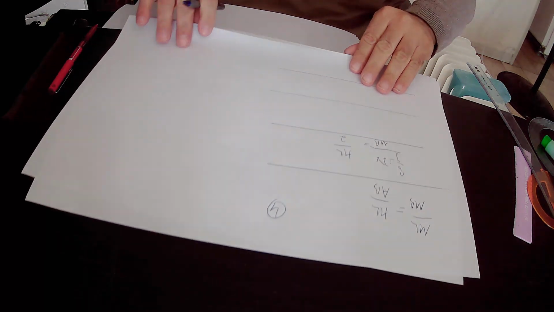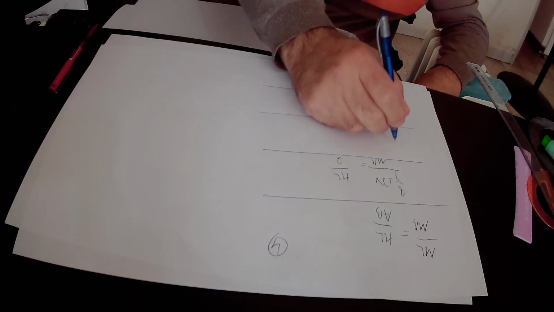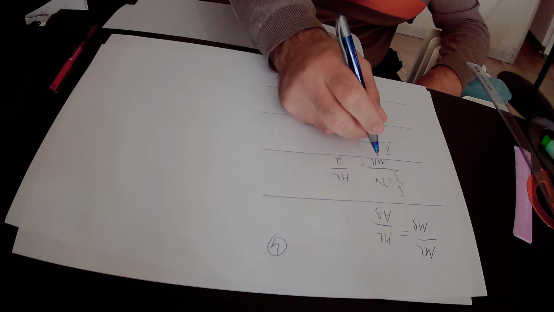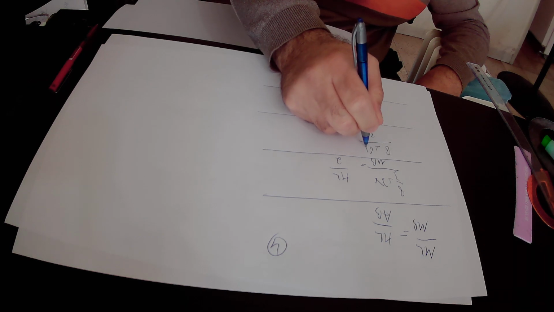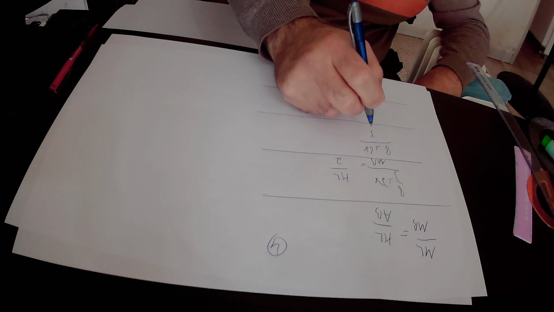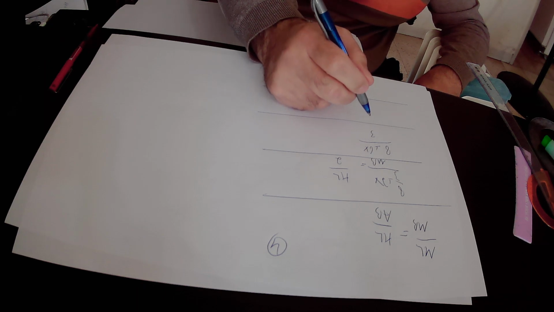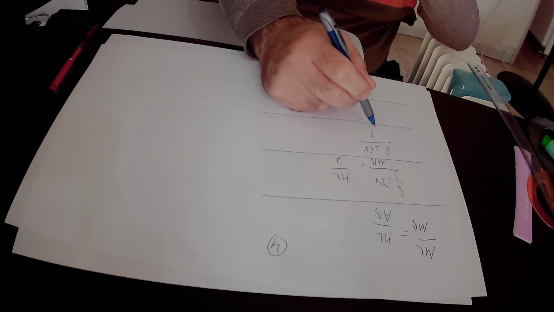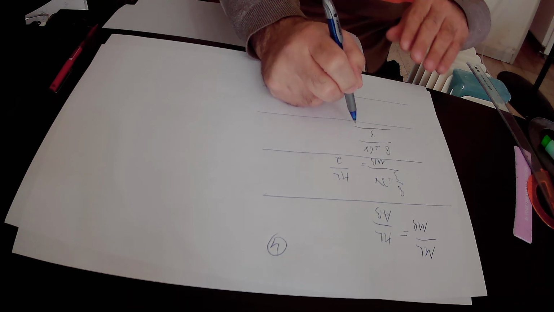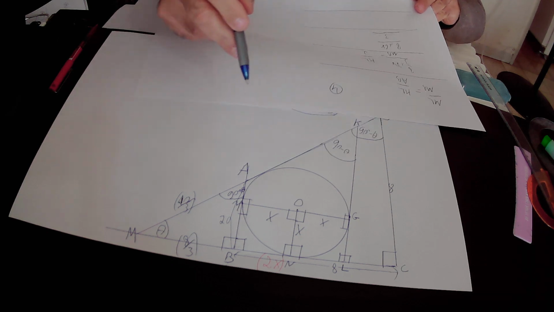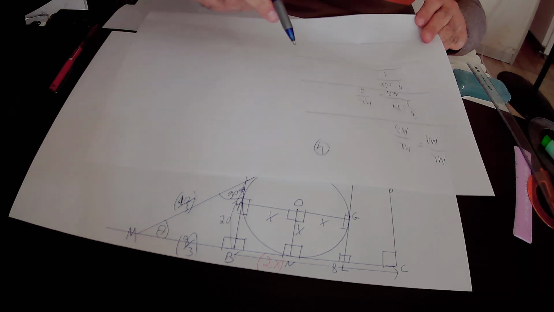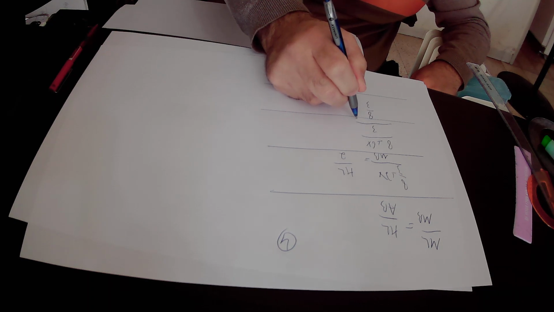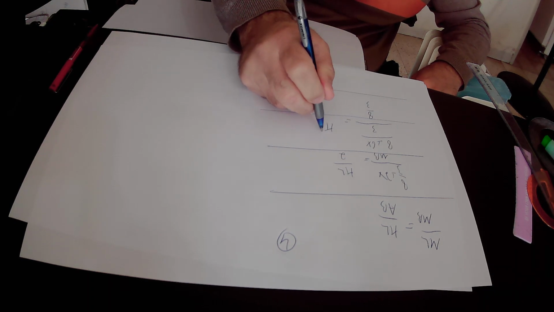And we'll get that 2x times 3 is 6x, so 6x over 3, over MB. MB equals 8 over 3, so we substitute MB by 8 over 3, and it is equal to KL over 2.